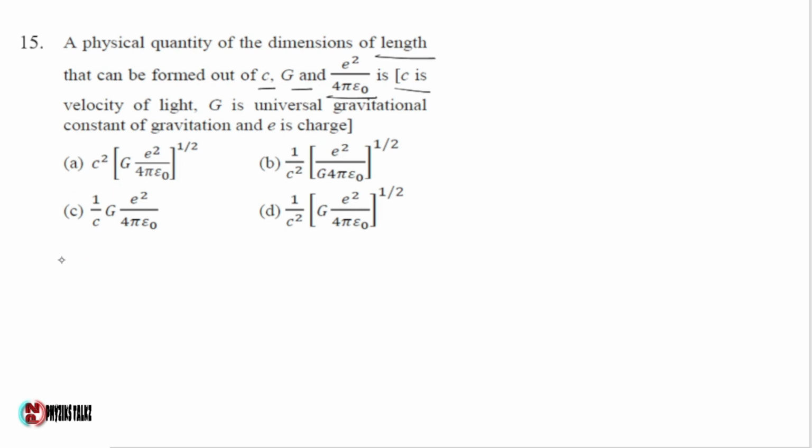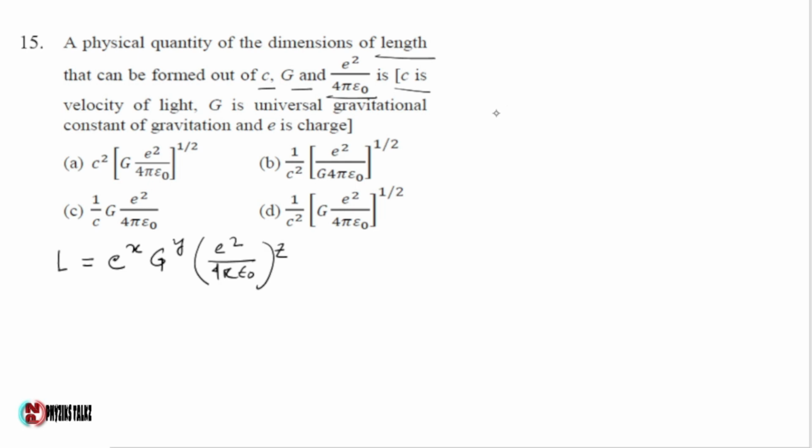Now let us take length L given in terms of this quantity as L equals c to the power x, G to the power y, and e squared by 4 pi epsilon naught to the power z.